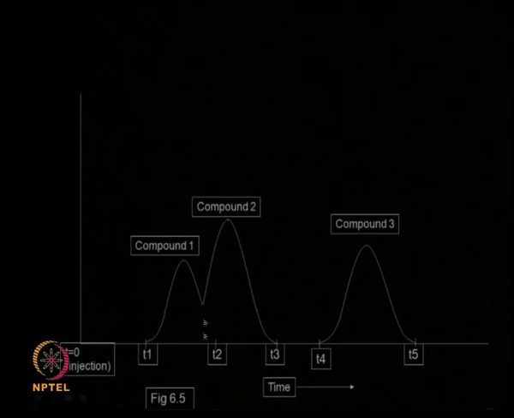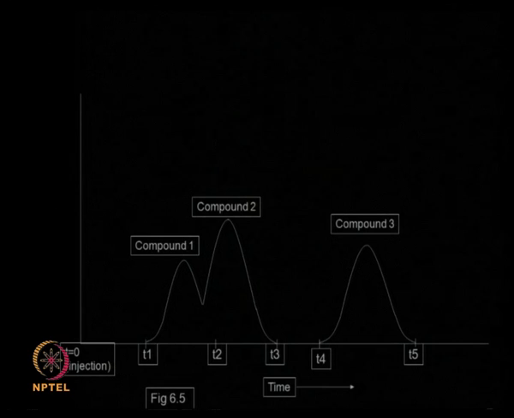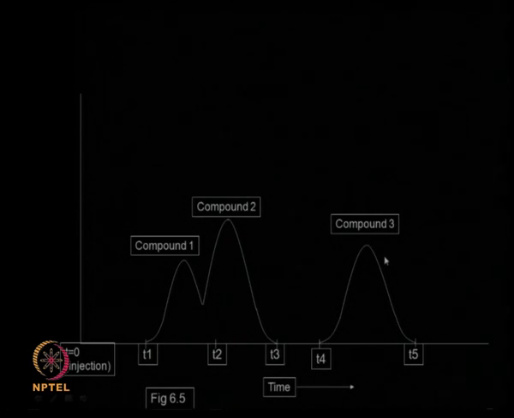We can have different types of chromatograms possible, okay. Imagine I have a mixture of 3 proteins, I am passing it through a column and I am getting an output signal like this, protein 1, protein 2, protein 3, okay. If you look at compound 3 or protein 3, it is well separated from 1 and 2.